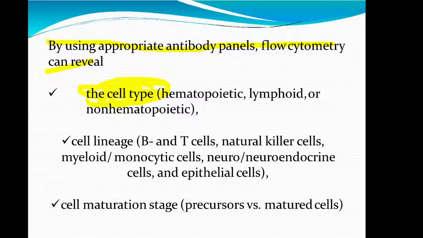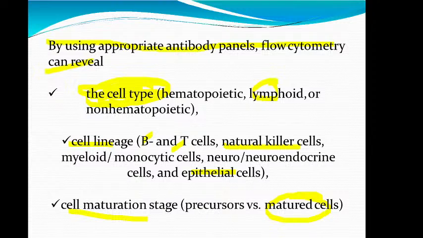We are able to know whether it is a hematopoietic cell, a lymphoid cell, or a non-hematopoietic cell. We are able to know the cell lineage: T cell, natural killer cell, epithelial cell. Even the age of that particular cell, whether the cell is mature or whether it is just a new one.